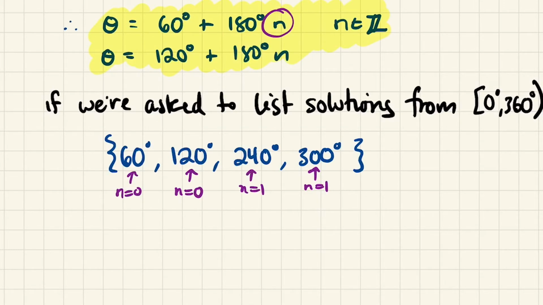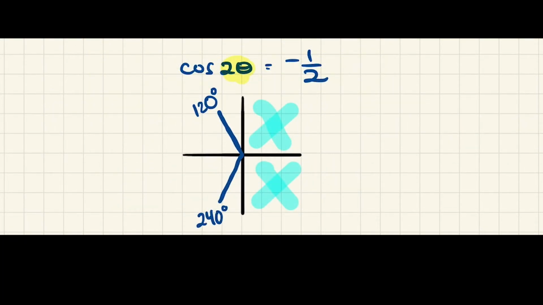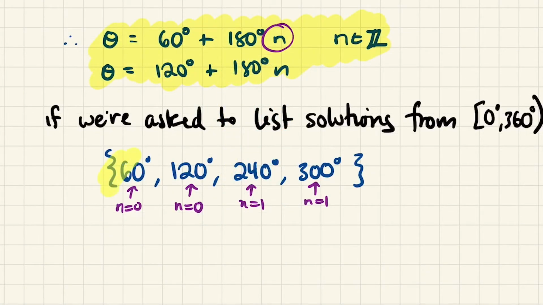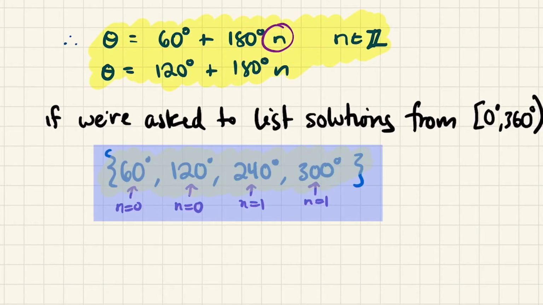Because at this step in the problem, we only listed 2 angles between 0 and 360. But we know that there are actually 4 solutions between 0 and 360.